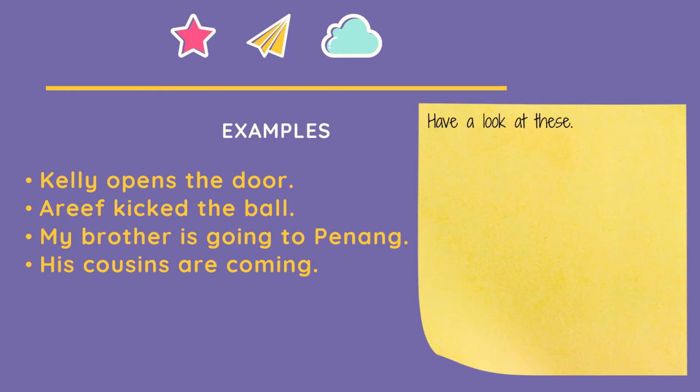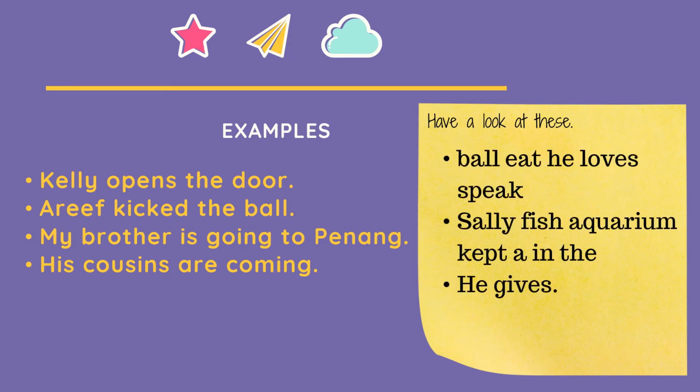And now try and have a look at these ones. Ball, cat, he loves speak. Sally fish aquarium kept in the. And the third example, he gives. So do you think these three examples can be considered as sentences?